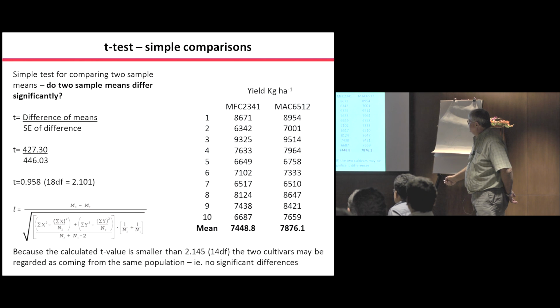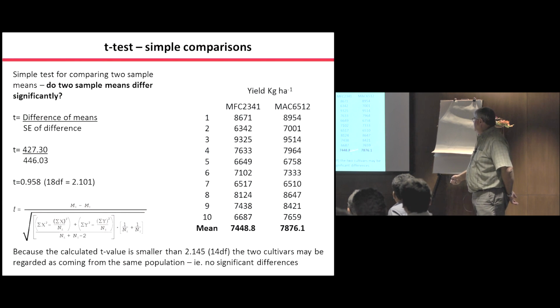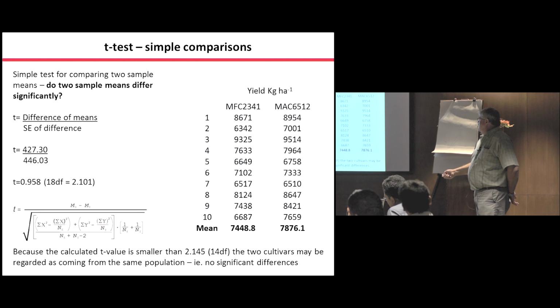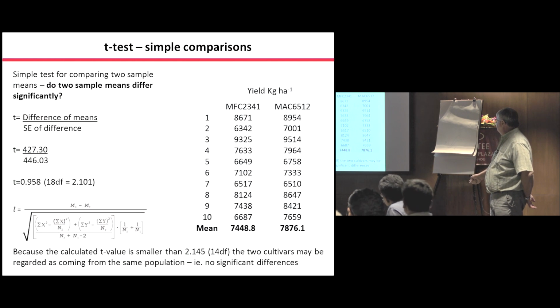And you'll see the degrees of freedom that I'm using is 18 and not 19, okay? So I'm losing a degree of freedom for each one of those. And the t-value for 18 degrees of freedom is 2.10. That value there is smaller than 2.1.